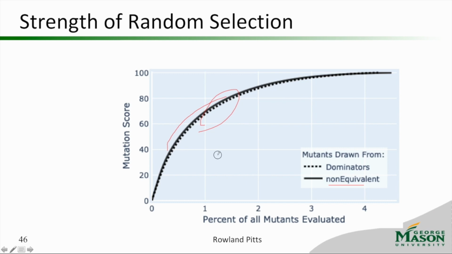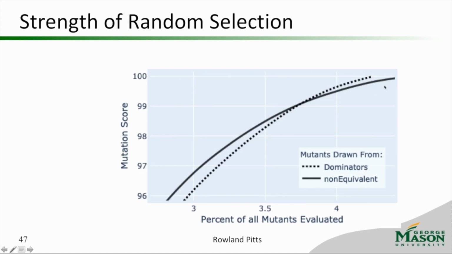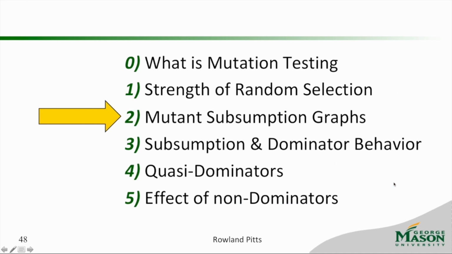But for this part of the graph it really doesn't matter. Again, we're aiming to get to 100, but to do it faster. And from that perspective, although the non-equivalents outperform them very consistently, the dominators always finish slightly ahead of the non-equivalent mutants. Nevertheless, the non-equivalent mutants perform relatively well.